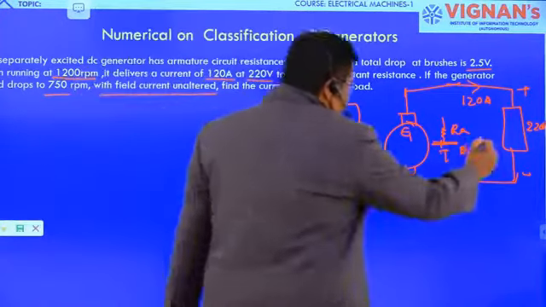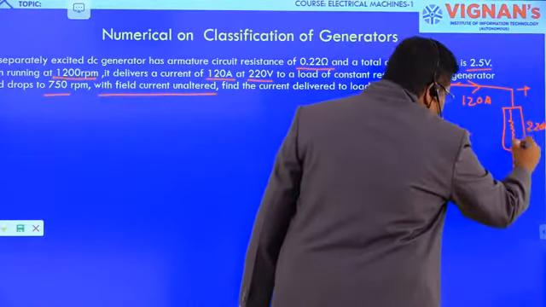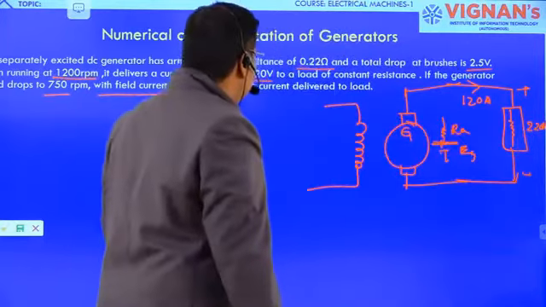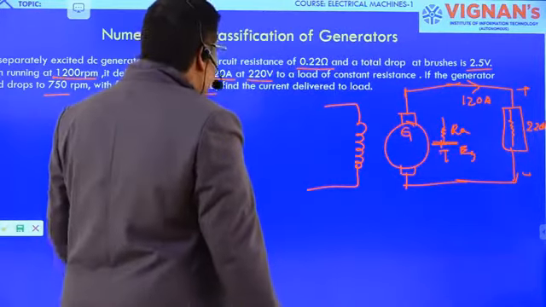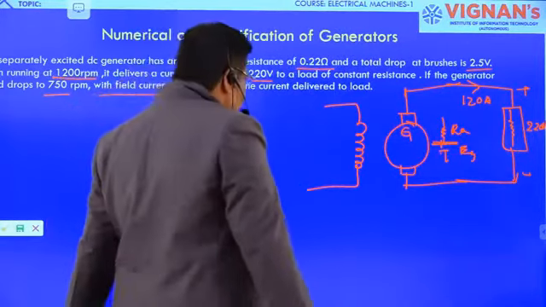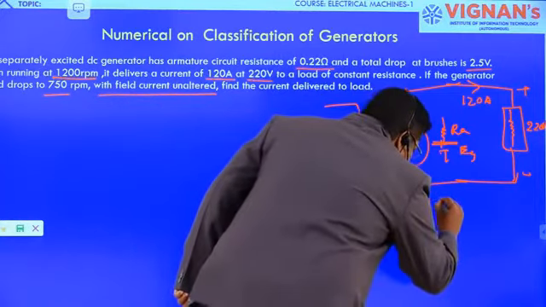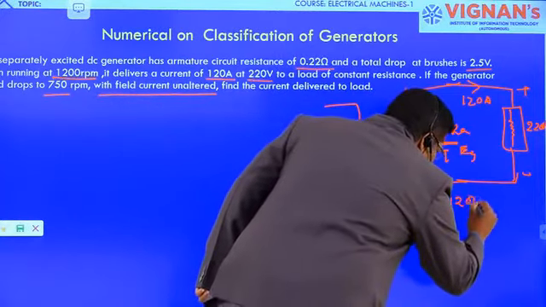In this problem the load is taken as constant resistance. Initially, the generator is running at a speed of 1200 rpm.